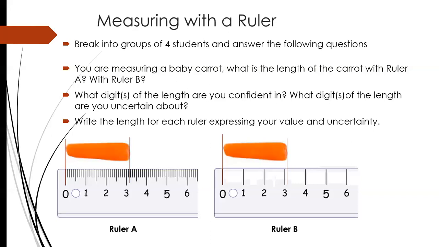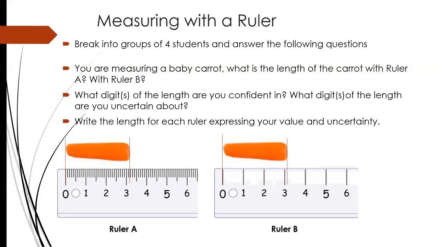So what we want to think about is when we're expressing them, is we want to make sure we're giving as much information as possible. And we don't want to be leaving anything out, but we also want to still show the information that is provided by that ruler. So let's look at ruler B for a second here.